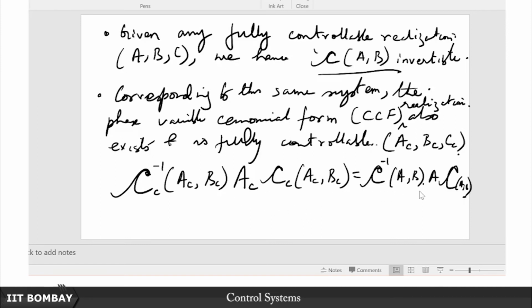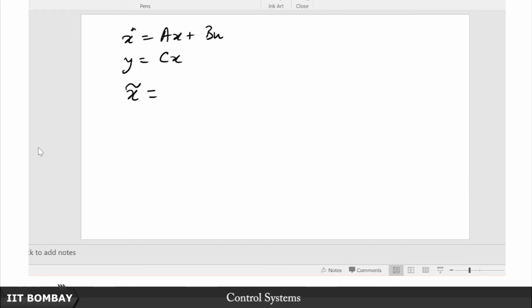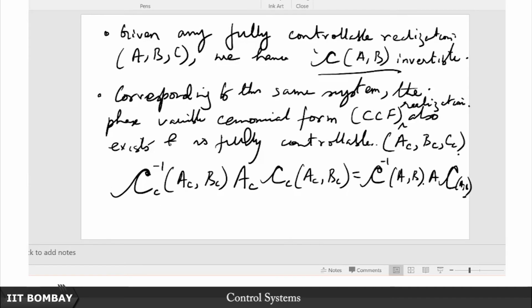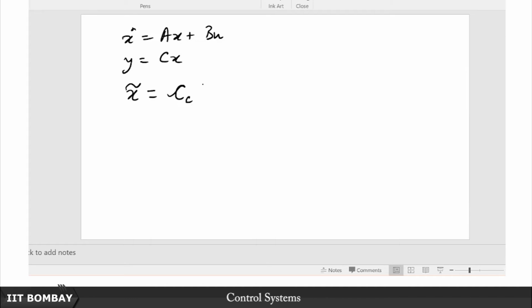I am going to say that this CC of AC, BC times C of AB, inverse, times x. Suppose this is the way I am defining it.